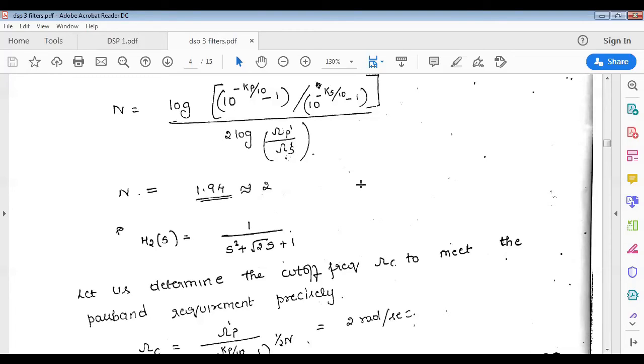But it is not necessary to calculate all the values, because we know that the poles lying in the left half of the plane have to be considered. Those poles we get for k equal to 0 and k equal to 1 itself. If we calculate the remaining values, those poles will have positive values, lying in the right half of the plane.